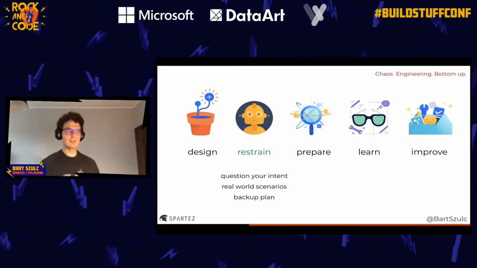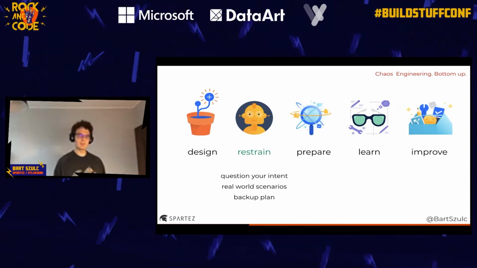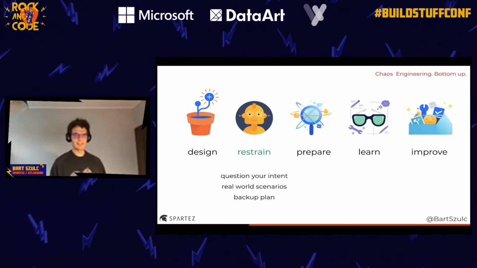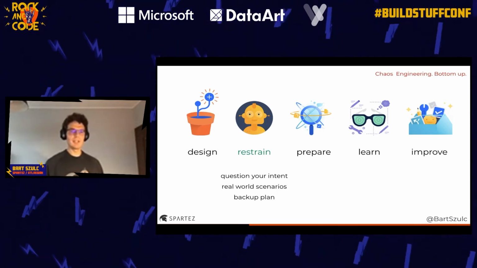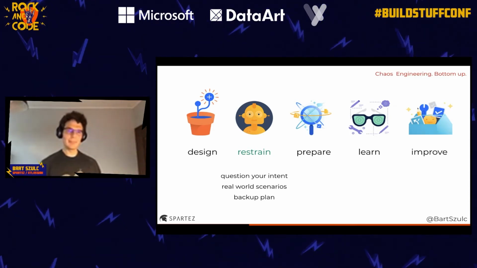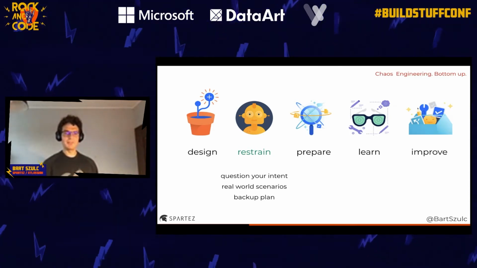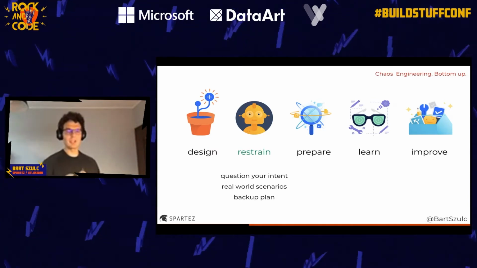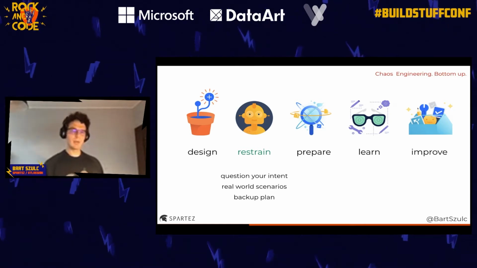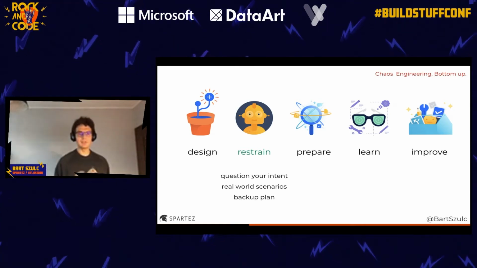So in this phase, you're basically questioning whether there is really a value in checking the experiment that you chose. Yeah, and this is also a place where we think about a backup plan. We know that things can fail. We assume our system should withstand a certain scenario, but in case it doesn't, how are we going to react to that?